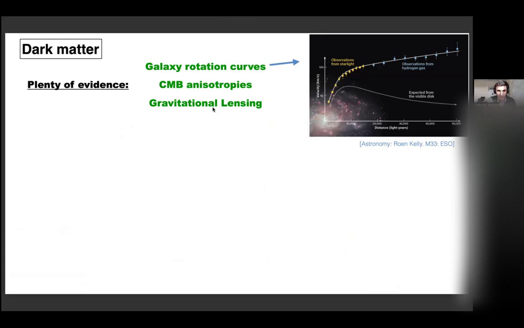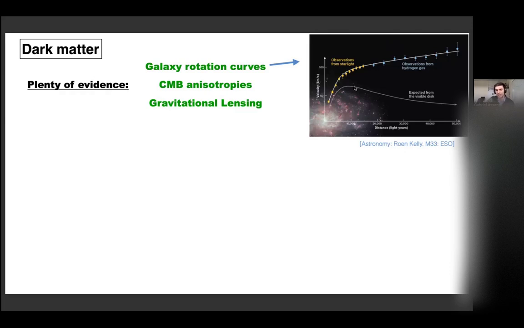So there's plenty of evidence for dark matter, as we know. Some of it is astrophysical or cosmological, and historically, one of the first pieces of evidence for dark matter was galaxy rotation curves.